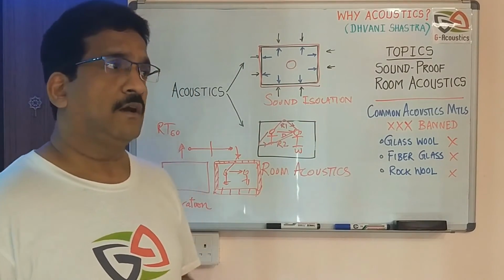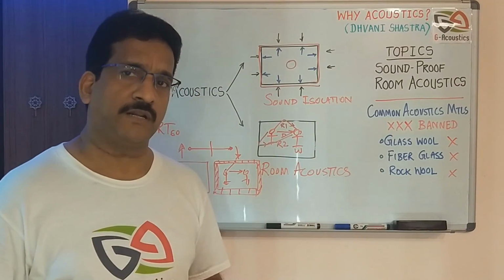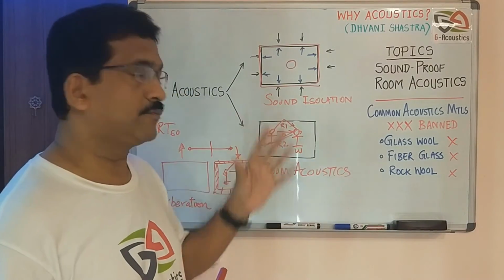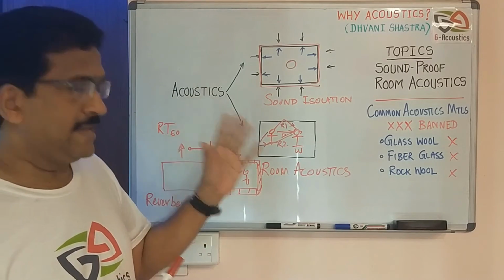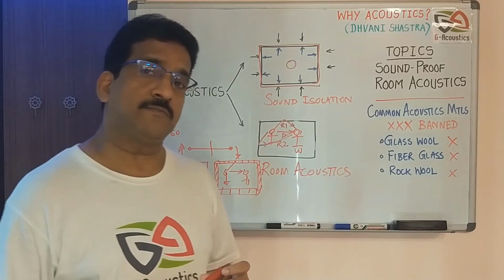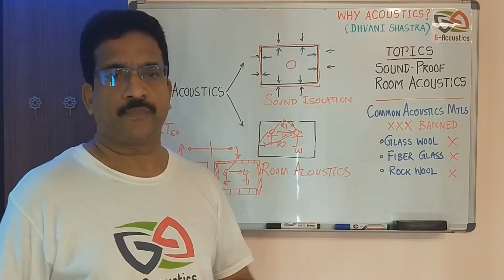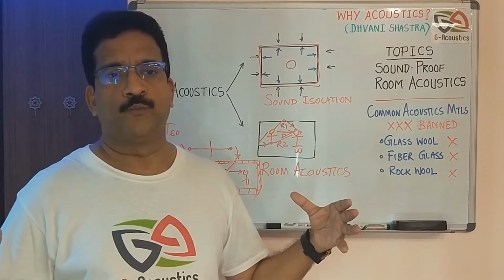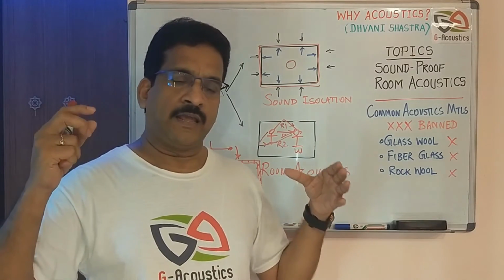So we at G-Acoustics have a different type of material that is used for soundproofing. Now, in soundproofing, it also sometimes becomes important that even the flooring and the ceiling have to be done. Because when you take a room, soundproofing is like a water tank.